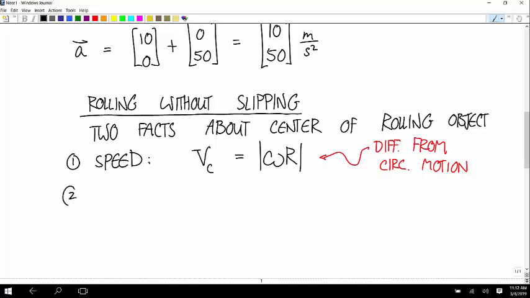And then the second fact is the acceleration of the center. And that says that the magnitude of the acceleration of the center is equal to the absolute value of alpha times r.